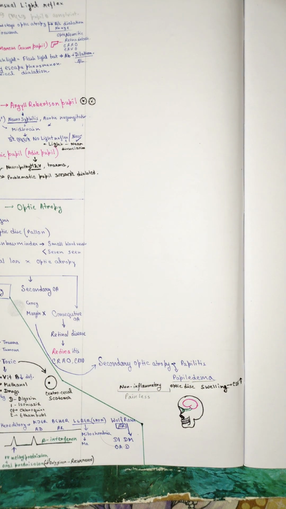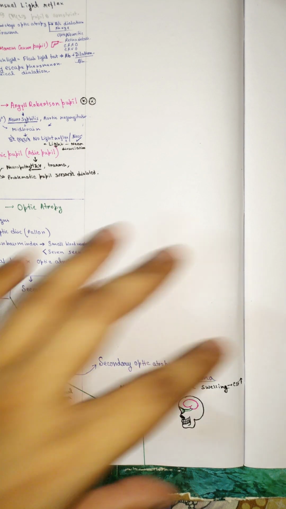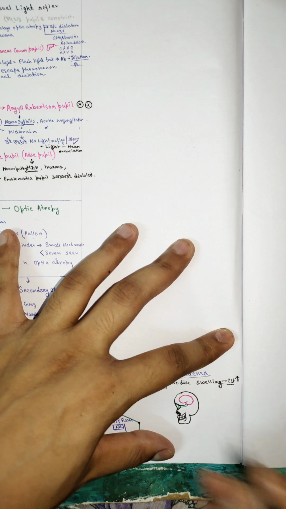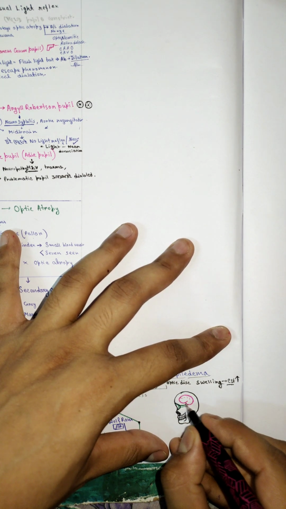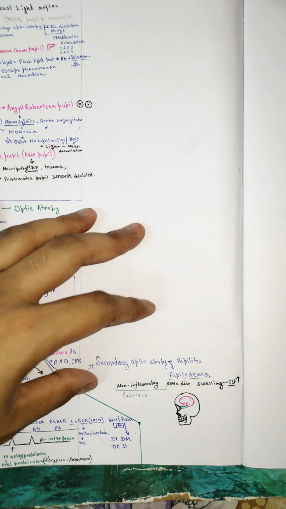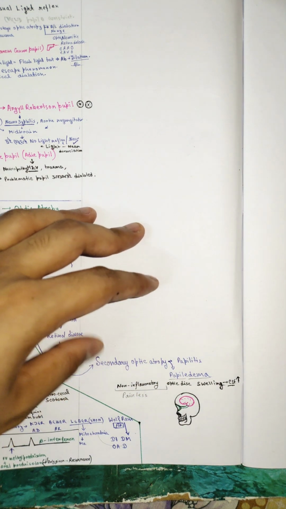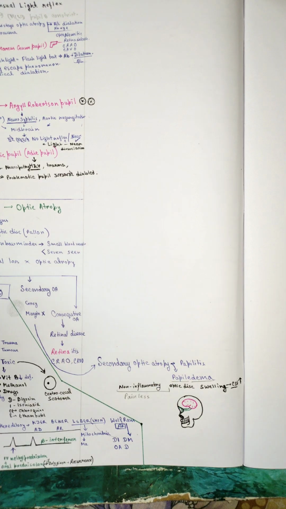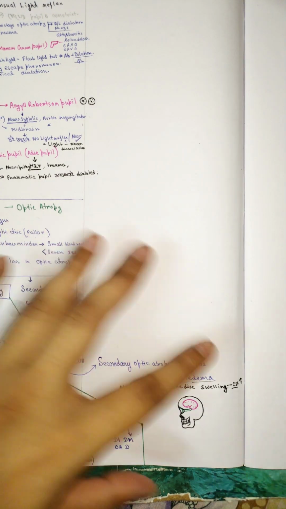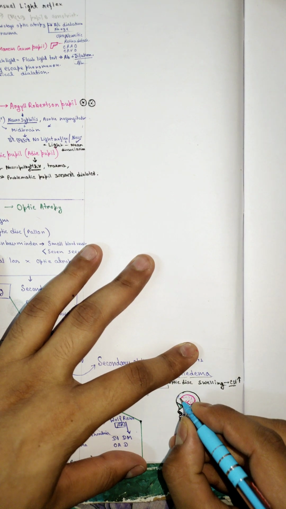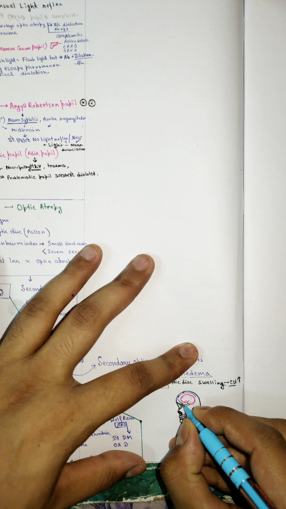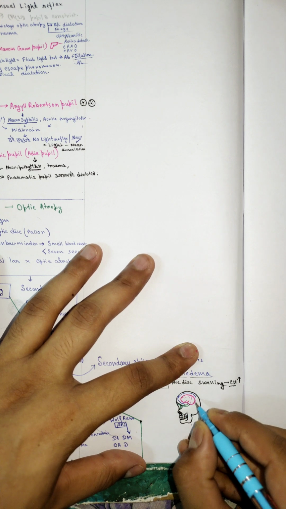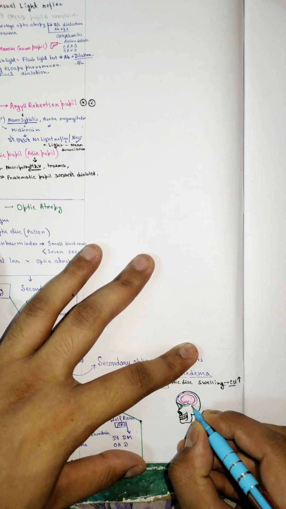When the CSF increases, it increases inside this part. We all know that here is the dura mater, pia mater, arachnoid mater. That is the meninges.